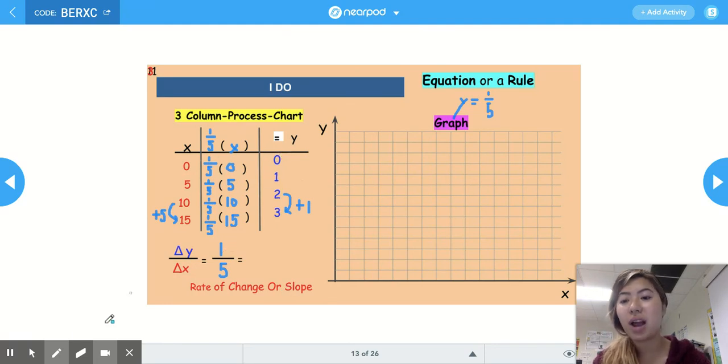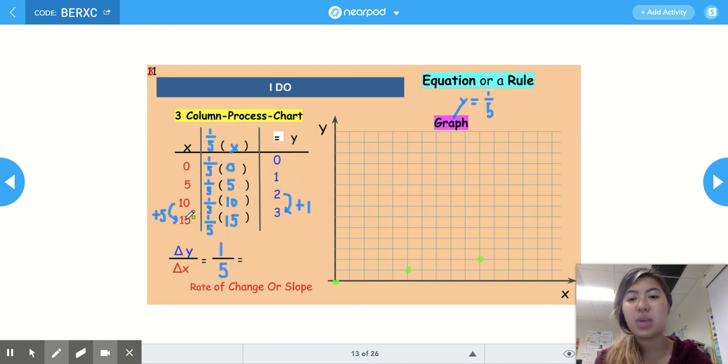Now we have to graph the points. So we have 0, 0, which is right here, the origin. Then we have 5, 1. So starting from the origin, I'm moving 5 units to the right, 1, 2, 3, 4, 5, and 1 unit up. Then we have 10, 2. So starting at the origin, we're moving 10 units to the right, 1, 2, 3, 4, 5, 6, 7, 8, 9, 10, and 2 units up, 1, 2.